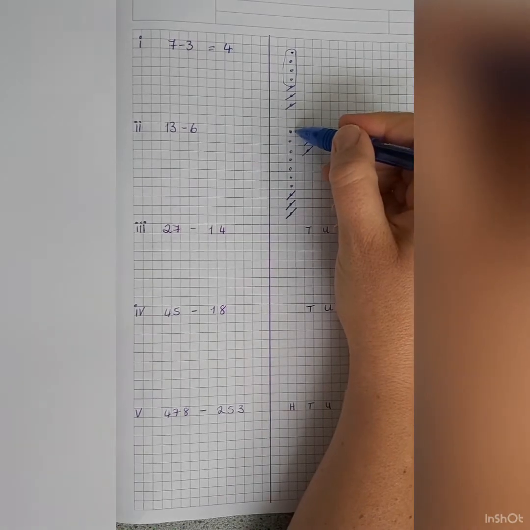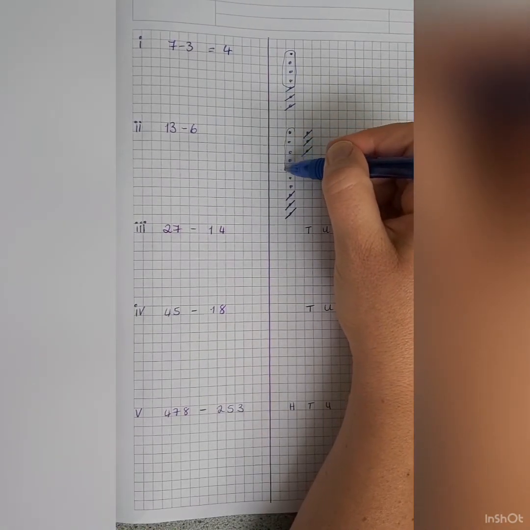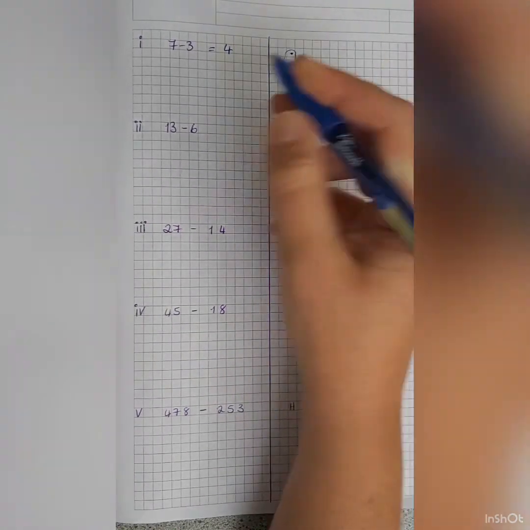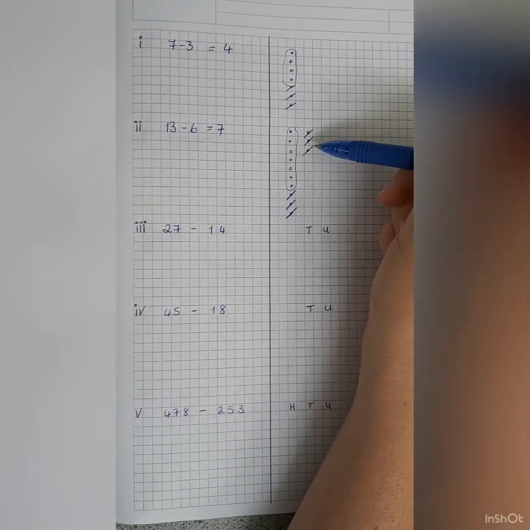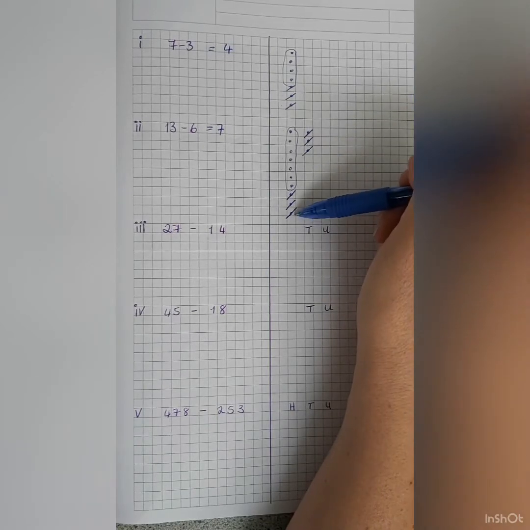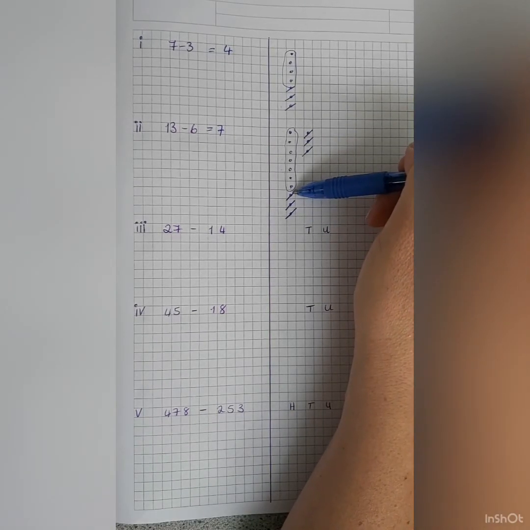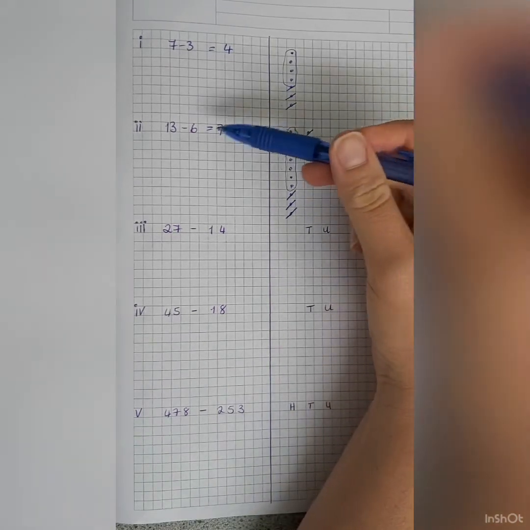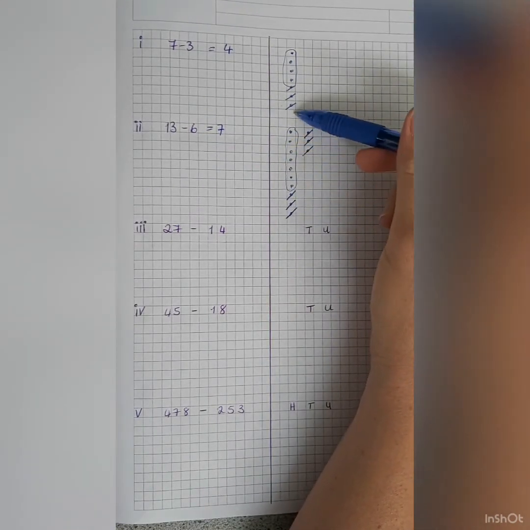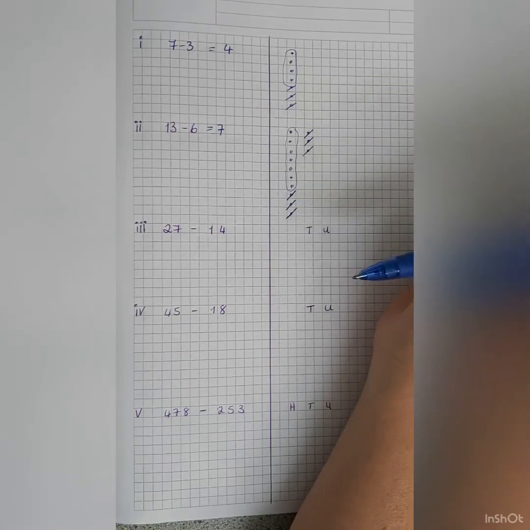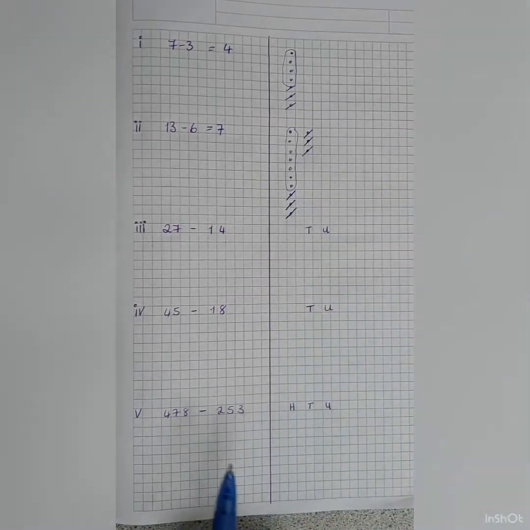And what remains is 1, 2, 3, 4, 5, 6, 7. Okay, just notice here, taking away 6, we have to break up this 10. Okay, and 13 minus 6 is 7. So breaking up this 10, we look at that a little later, okay, in more complicated examples.